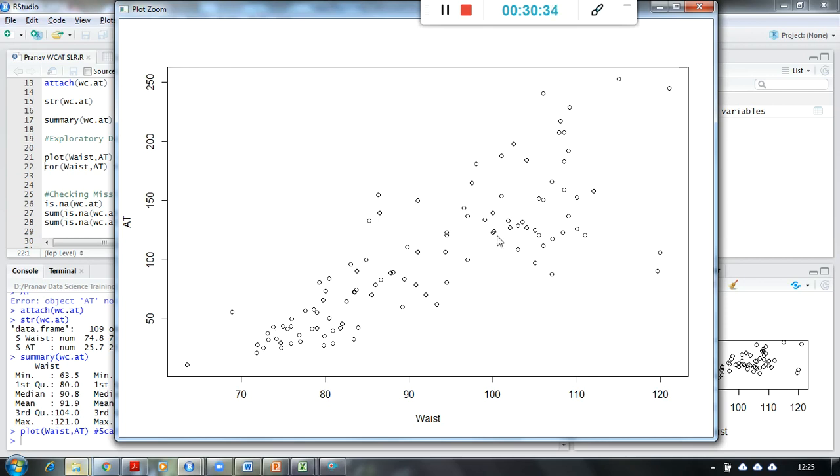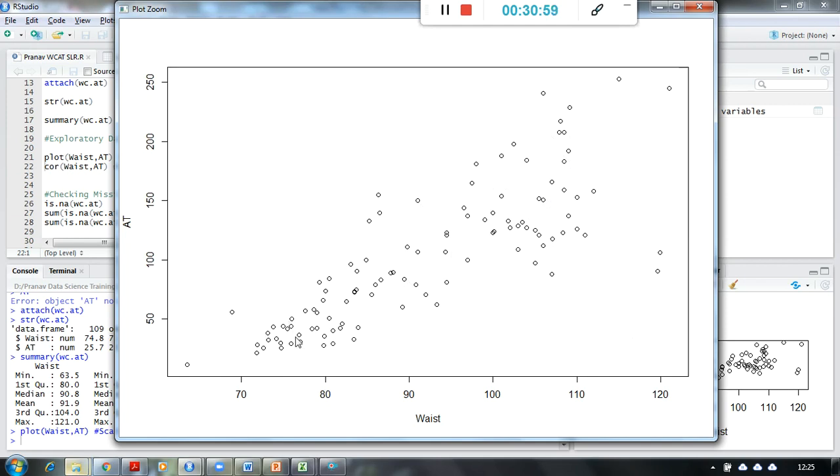So by looking at this, we can say that yes, as my waist is increasing, my AT also tends to increase, for almost 60 to 70% of the values. Maybe 30-40% of the values are not increasing, but yes, there is some sort of a relationship, and the direction is positive, which means as waist increases, AT increases.